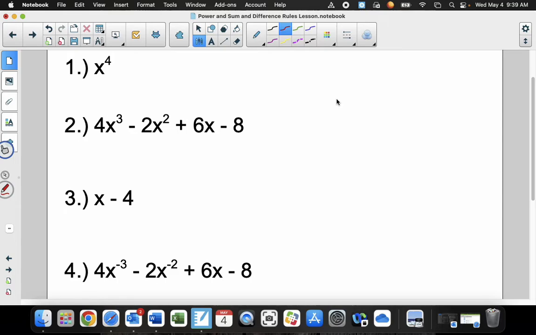Be a little bit careful on number 4 when you're working with the negative exponents. But find your derivatives. I'll give you 2 minutes. Find your derivatives. See what you can actually do.